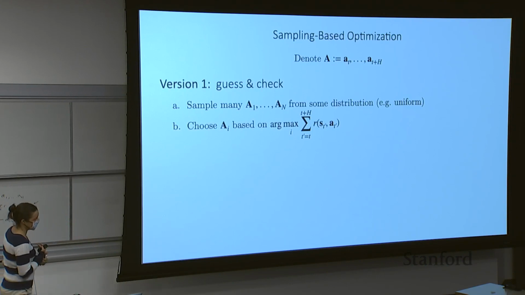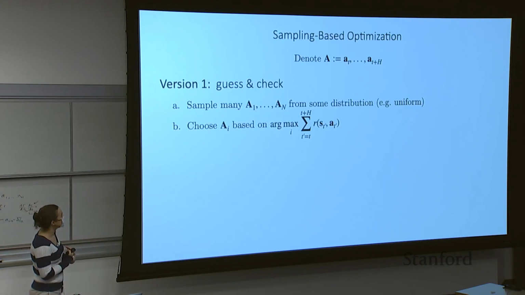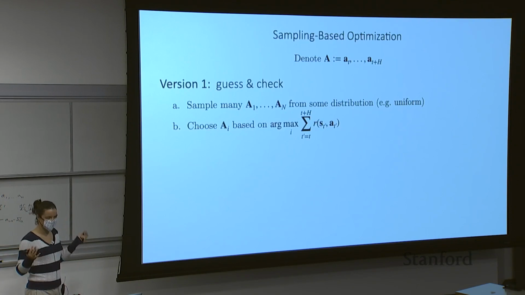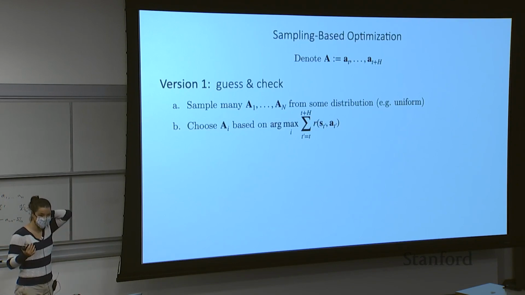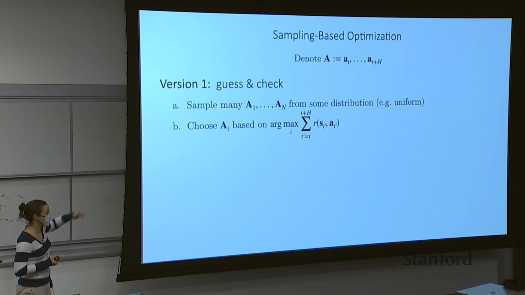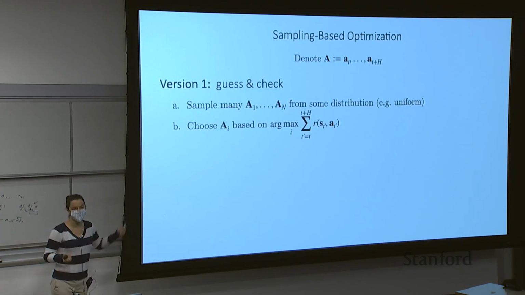It also works with discrete actions. Of course, this also has limitations: if your sampling distribution is very broad or isn't very good, then the action sequence that you'll get also won't be very good.